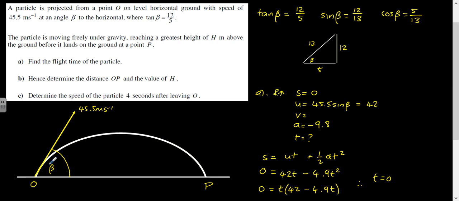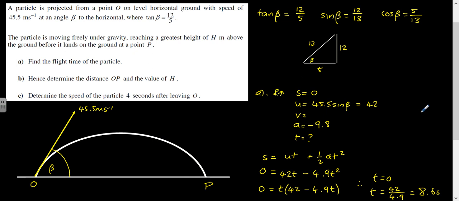At the start. And then the next solution will be the one we're interested in, which is at the end, which is t equals 42 over 4.9, which is 8.6 seconds to 2 significant figures. So there's our flight time.